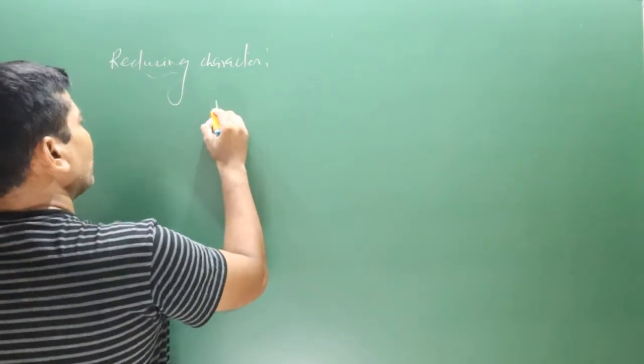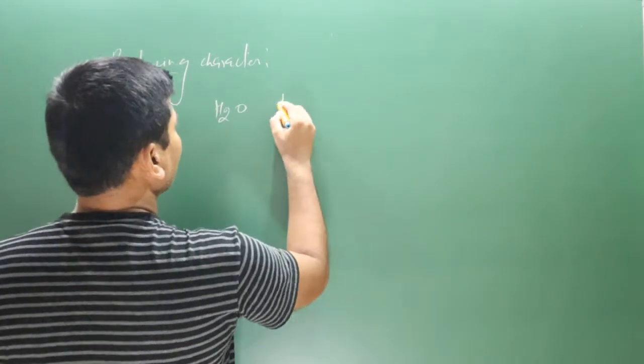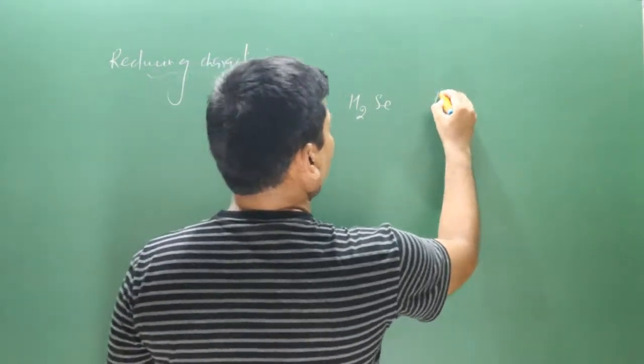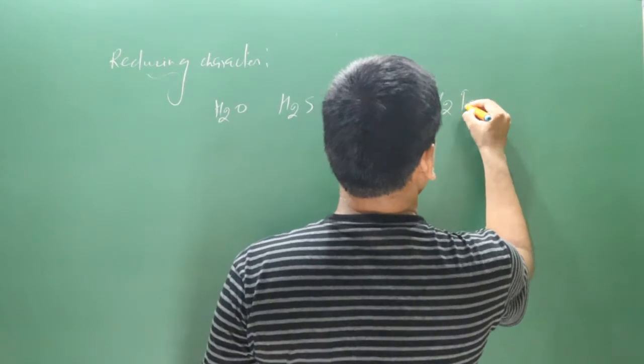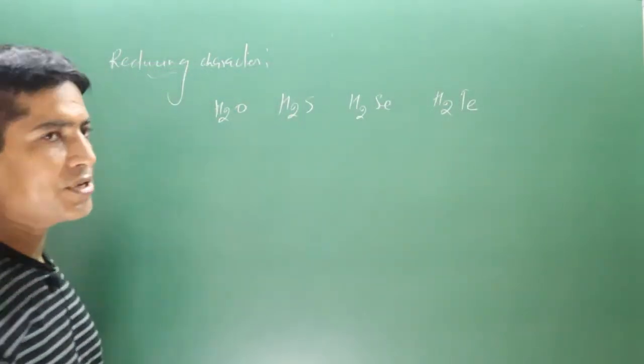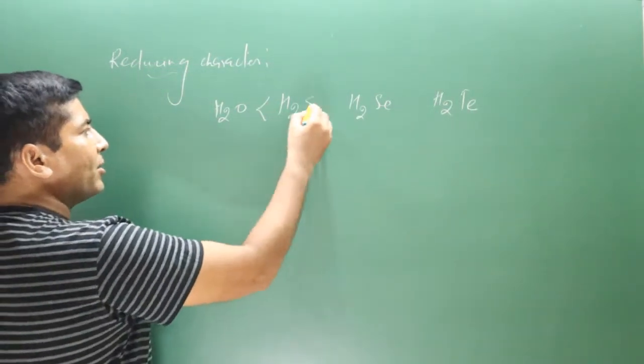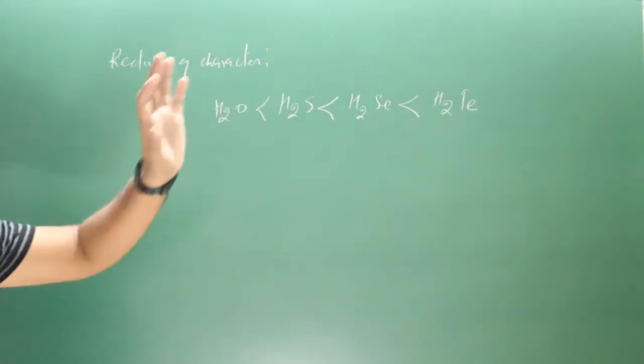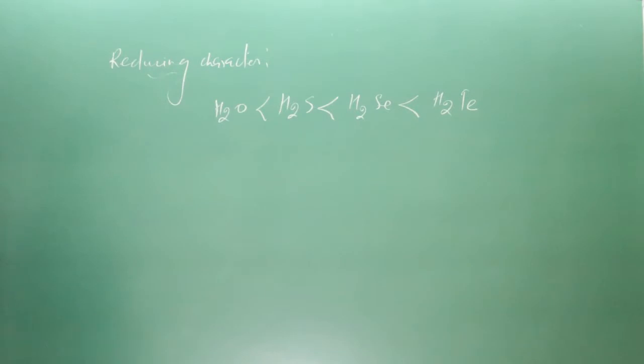We have H2O, H2S, H2Se, and H2Te. As the bond length increases, the tendency to liberate hydrogen also increases, hence the reducing character also increases.